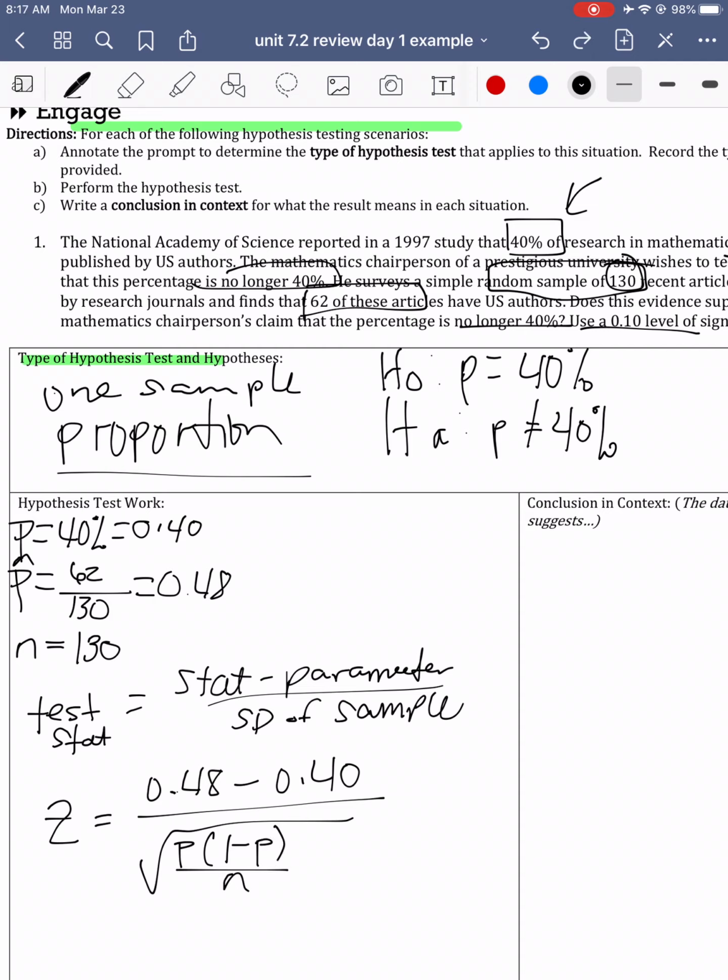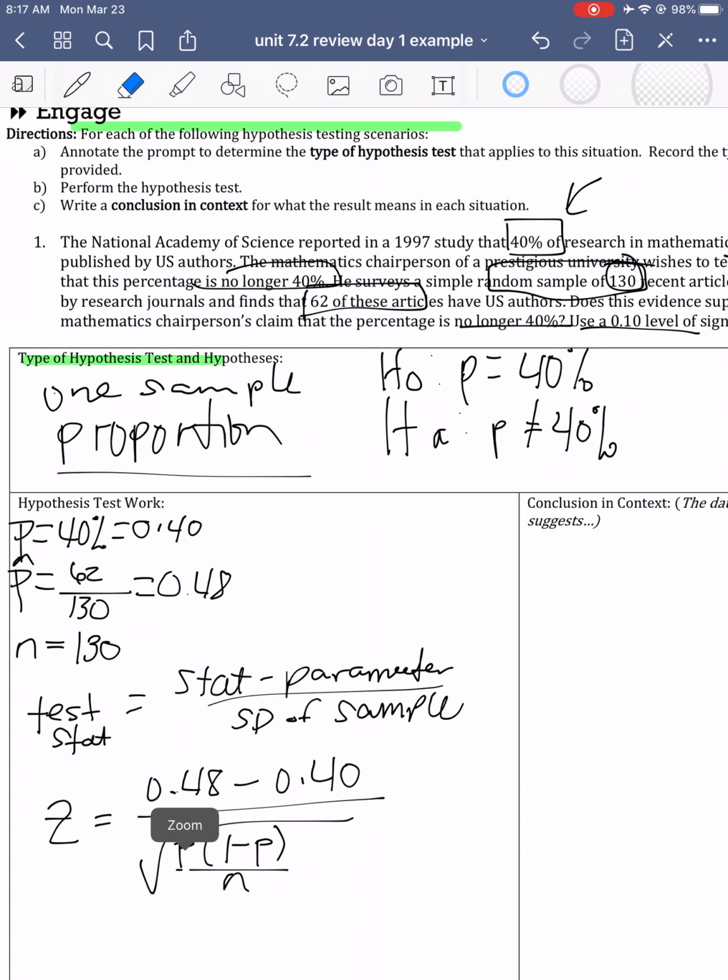There are some situations, specifically in our confidence intervals, where we might not have the population proportion. In that case, we would use p hat in this formula, but really only for the confidence interval if we do not have the population proportion. So in this case, since I have p, I want to use it.